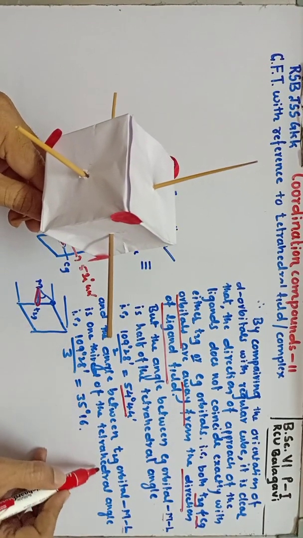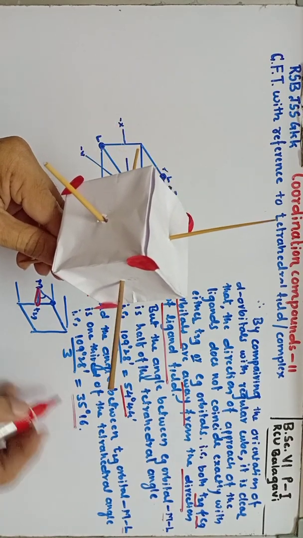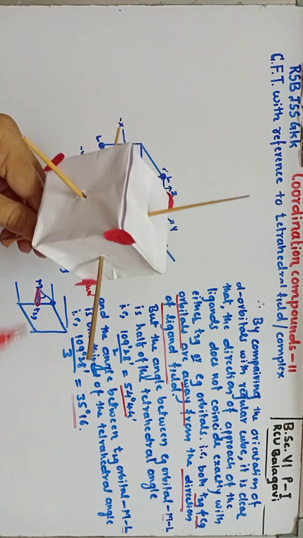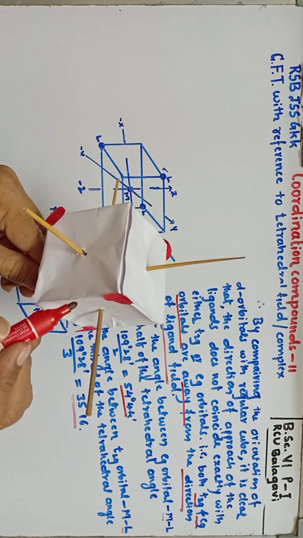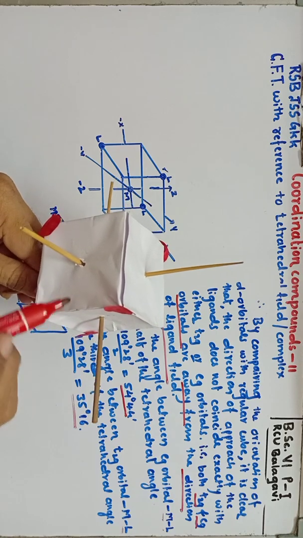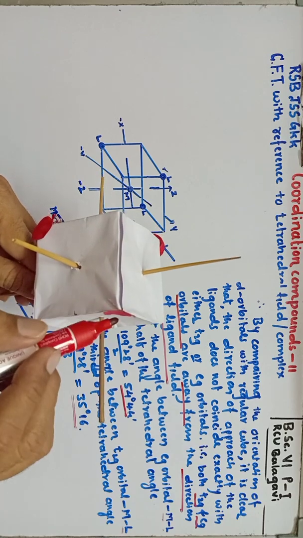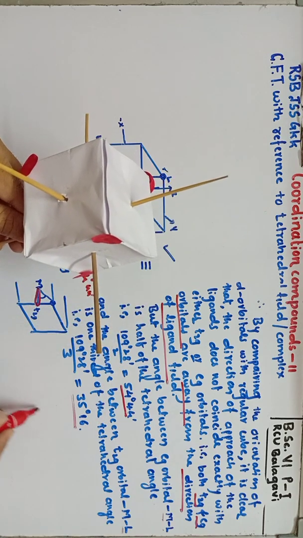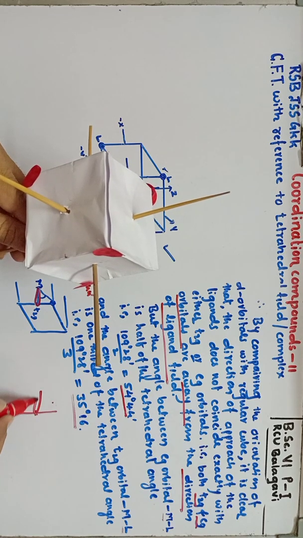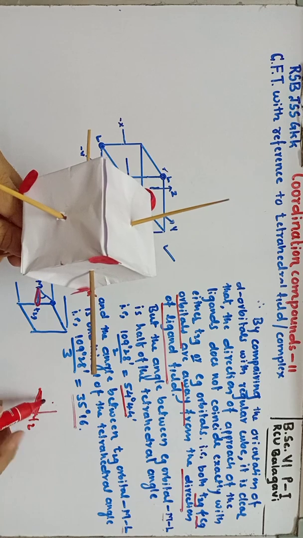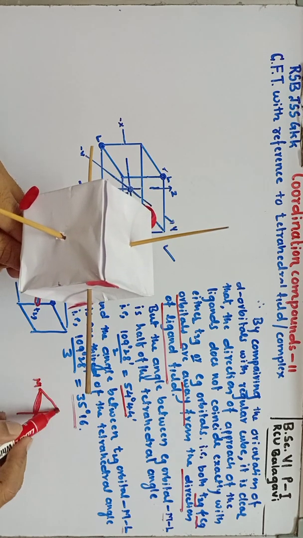Similarly, the angle between the T2G orbital lobe, the center metal ion and the ligand is one third of the tetrahedral angle, that is 109 degree 28 minutes divided by 3, which comes to 35 degree 16 minutes. We already know the T2G orbital lobes will come exactly at the center of the edge of the cube. If it is a T2G orbital lobe here, and this is the ligand and this is the metal, what is the angle here?